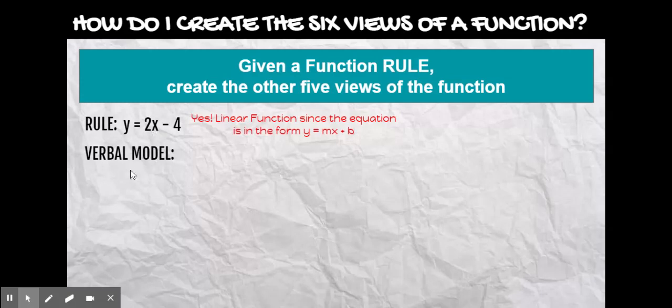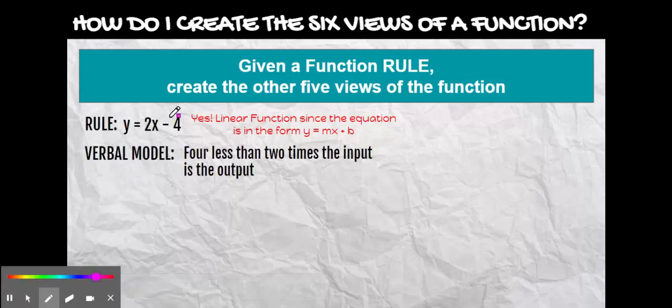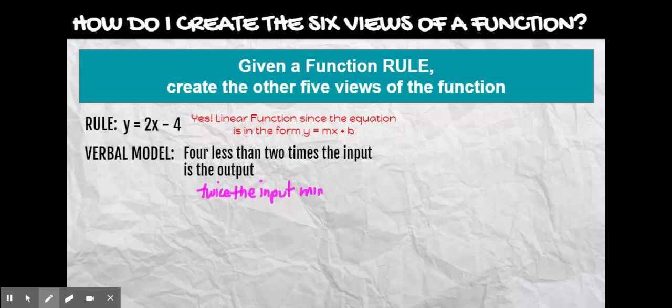So our verbal model is something that we write in words, and I use that one. You also could use the one that I just stated, that you could say this is twice the input, or the input times 2, both are acceptable, twice the input minus 4, and it's all in words.